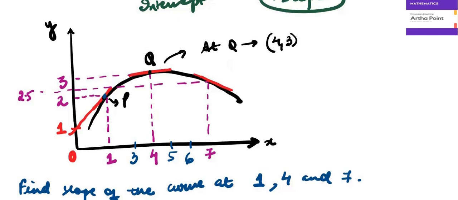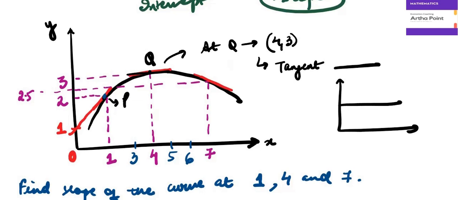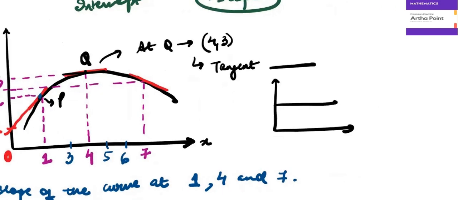But I know that my tangent, my line, is actually a horizontal line. Whenever the line is a horizontal line, what does this imply? Suppose I ask you to find the slope of this line. So what will you do?